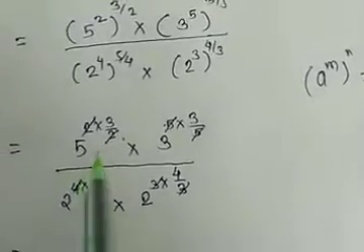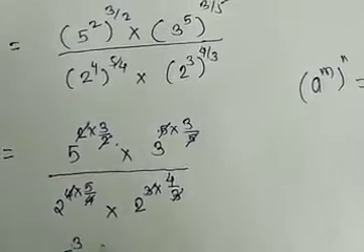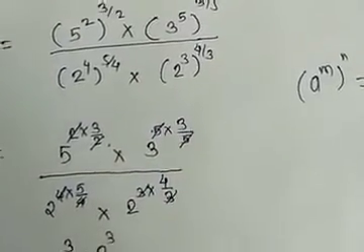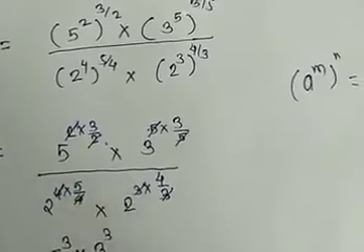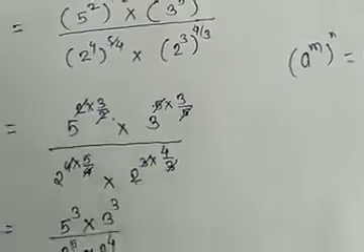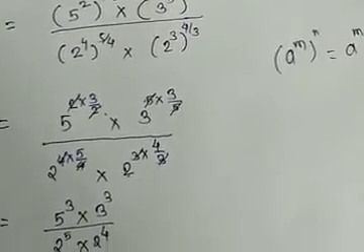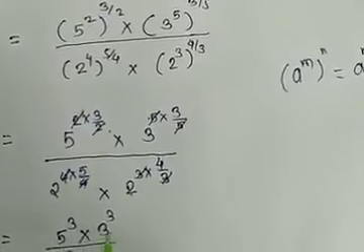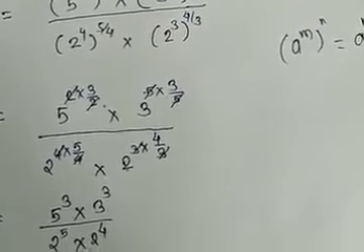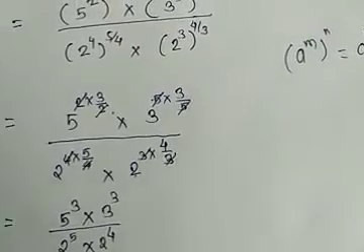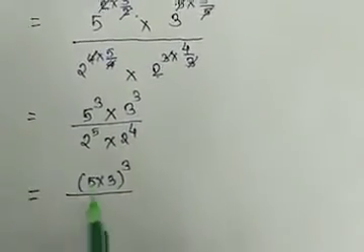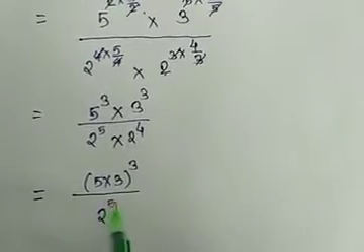So the remaining part will be 5 cube multiplied by 3 cube, divided by 2 raised to 5 multiplied by 2 raised to 4, which gives: here the power is the same, so we can write it as 5 into 3 bracket raised to cube, divided by, here the base is the same, so 2 raised to 5 plus 4.